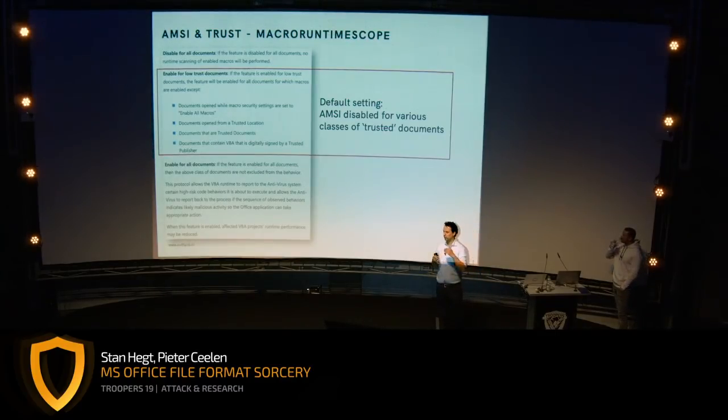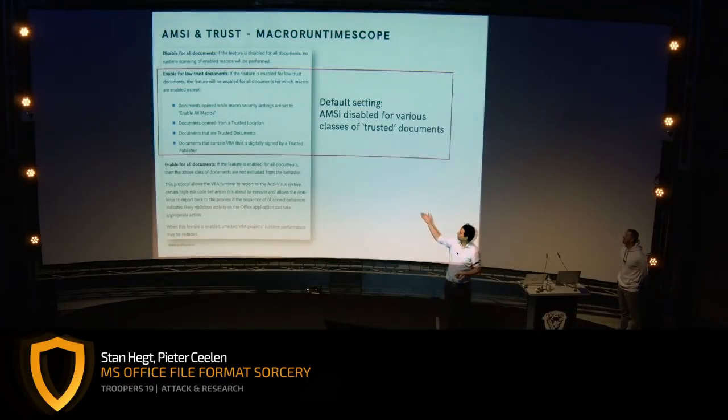You can say I want all files always to be executed, or you can have the default value, which says we want all the files except files in a trusted location, trusted documents, and digitally signed files; let's skip them. This is the default, and Microsoft says this is for performance reasons, where I think, why are there performance reasons? A legit macro will probably never do shell calls, so how often will it happen? But this is Microsoft's design decision.